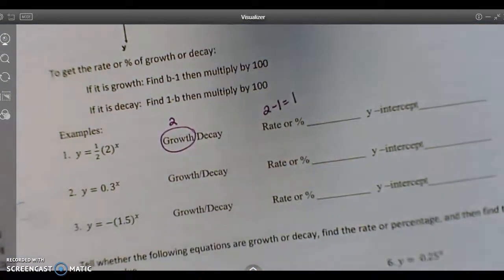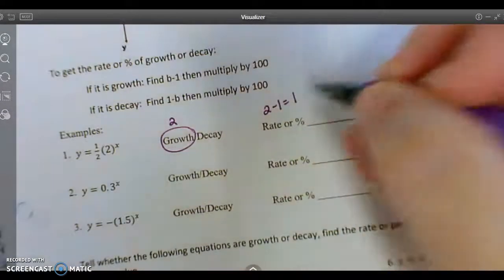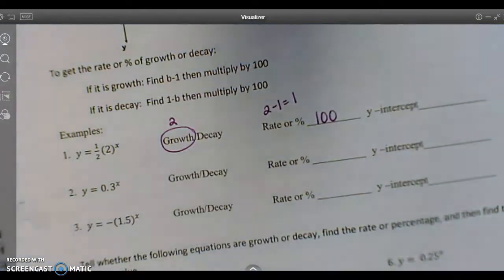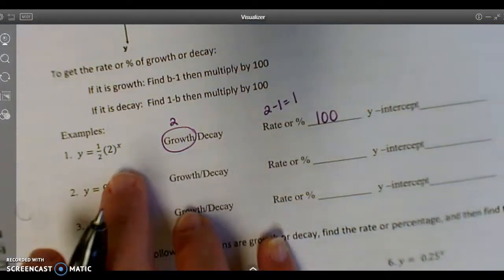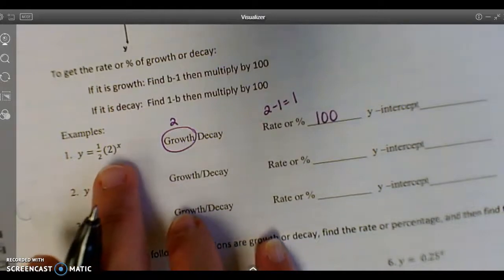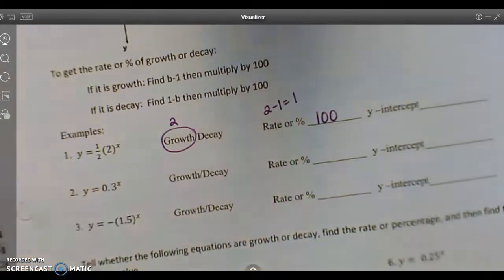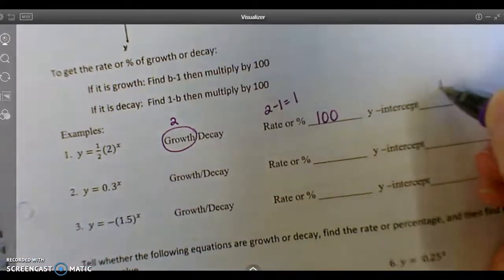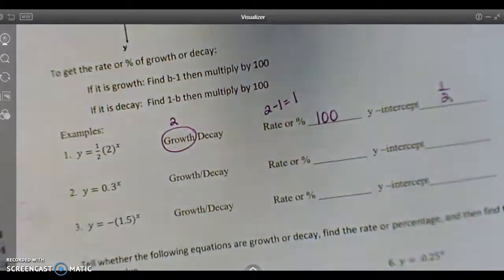And I'm going to multiply by 100. Or another way to think about it, instead of multiplying by 100, is move your decimal 2 places to the right, because you're trying to make it a percentage. If you multiply 1 by 100 or move decimal over, it's 100%. So this particular equation is growing by 100%. Okay, the y-intercept, or the starting value, is the number at the beginning. So the y-intercept is 1/2.